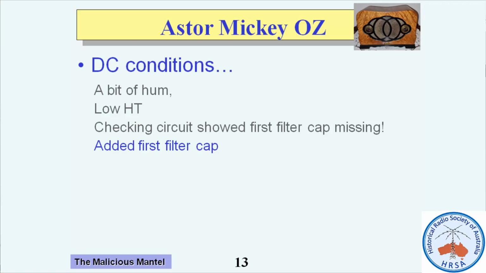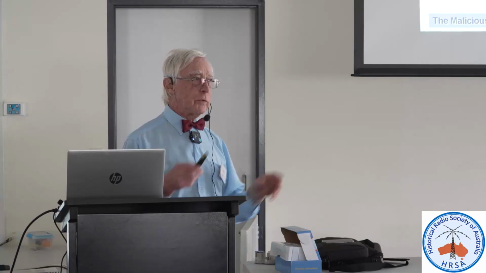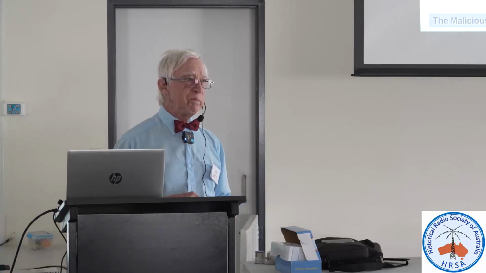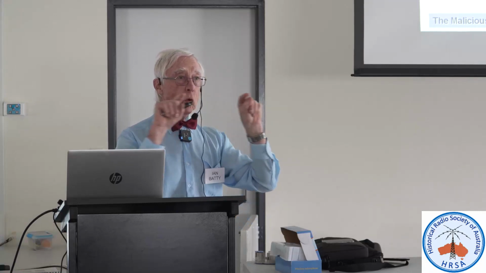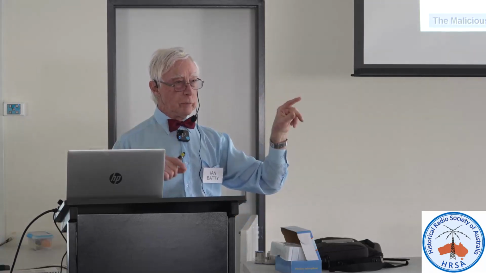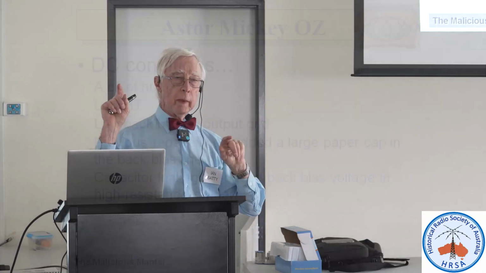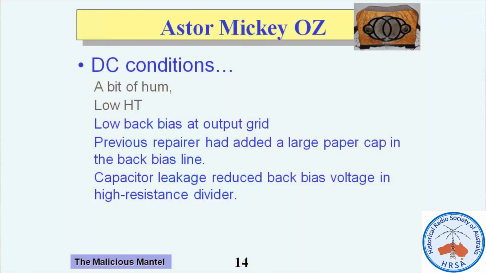And that was another discovery, because some sets will use individual cathode bias for each stage. Some will use back bias for all signal stages, converter, IF, output, maybe the audio. Some will use cathode bias, some will use back bias. So what had also happened was the previous repairer had put a large paper filter cap in the back bias line, and that was upsetting the back bias as well.